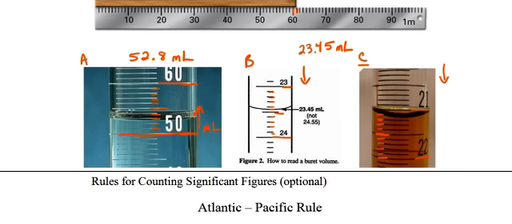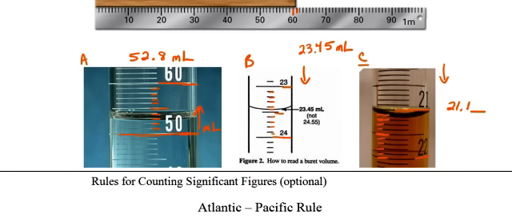And so the bottom of this meniscus appears to be, well, again, if this is 21, 21.1, and here's 21.2, it looks like it's between 21.1 and 21.2, so it has to be 21.1 something.